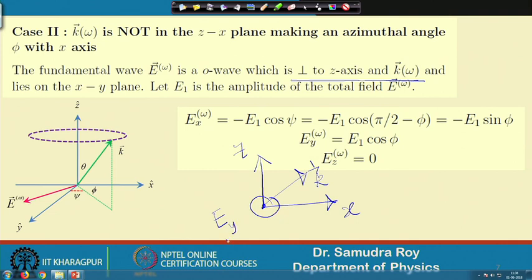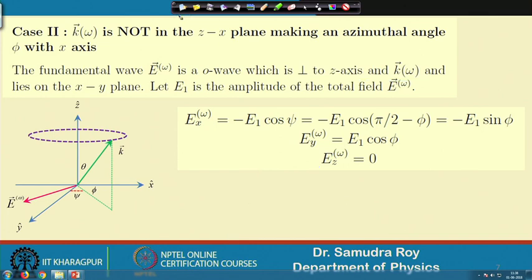Case 1 we have studied, but here the situation is slightly different, because if I want to find out the direction which is perpendicular both to z and k, that means we need to find the direction perpendicular to the entire plane containing z and k.